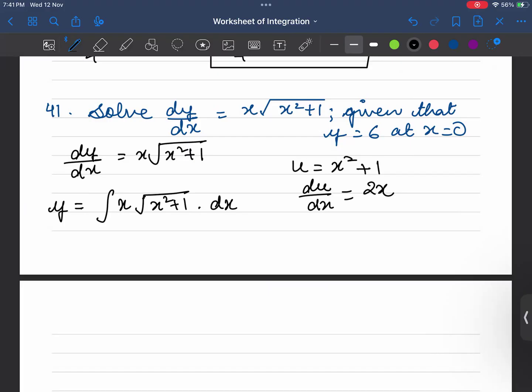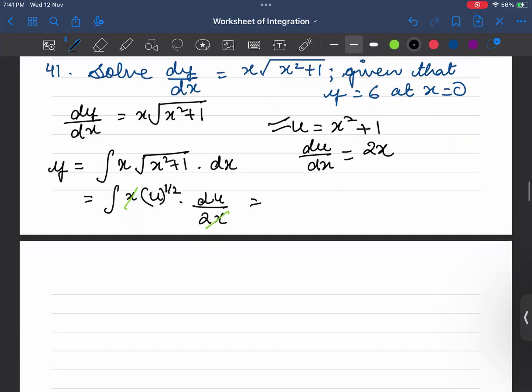Integrating both sides, in place of x square plus 1, I can write u, and in place of dx, I can write du upon 2x. Now we get an easy one, u power 1 by 2 du. You can solve it.